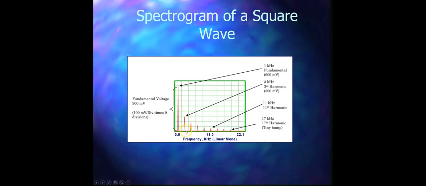This represents your third harmonic, which measures 300 millivolts, and this one shows your 11th harmonic, at 11 kilohertz, and so on. We have the 17th harmonic. You see in this graph that the 17th harmonic looks like a small dot, and it's very small compared with the fundamental signal.